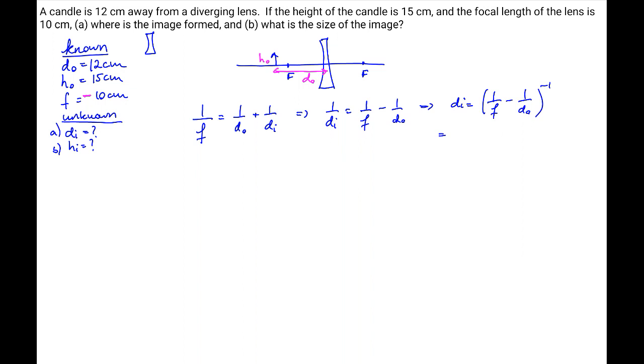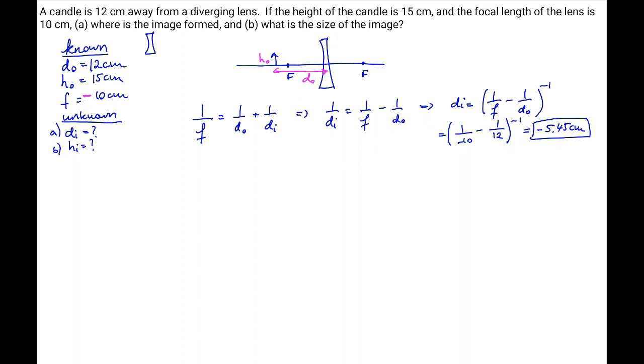So that is (1 over negative 10 minus 1 over 12 centimeters) to the negative 1. And when you plug in the numbers, you end up with negative 5.45 centimeters.